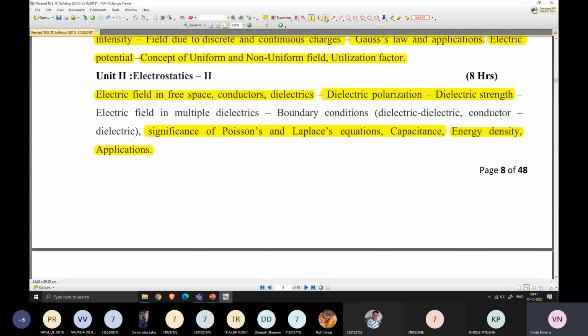Then electric field in multiple dielectrics, that is boundary conditions of dielectric and conductor-dielectric, will be seen in unit number 2. So at this moment, the green underlined wordings will be covered in unit number 2 due to symmetry and easiness. Unit number 2 is completed, straightforward.